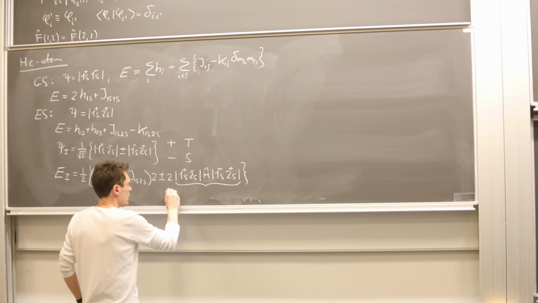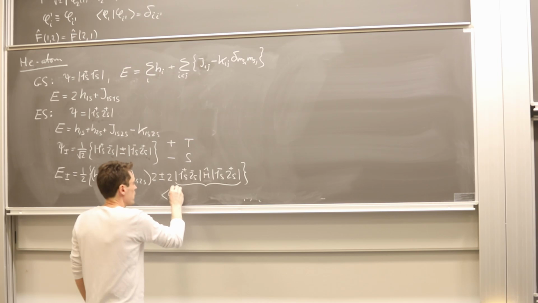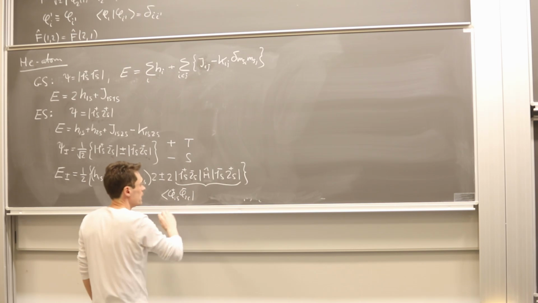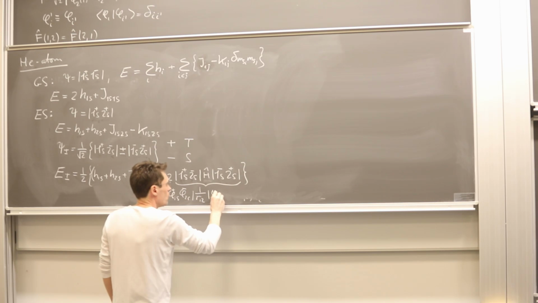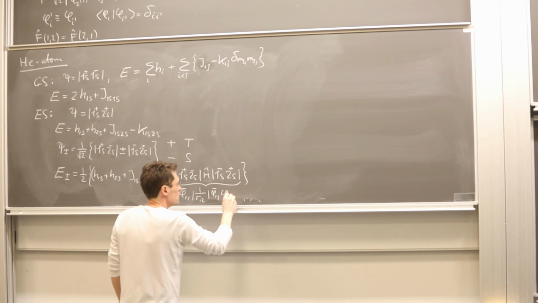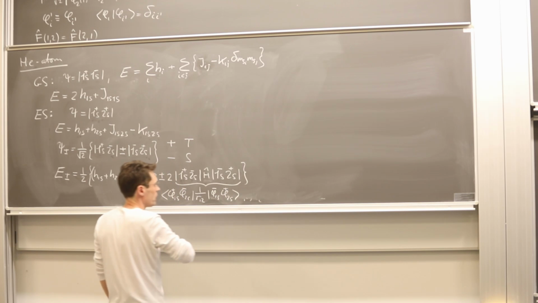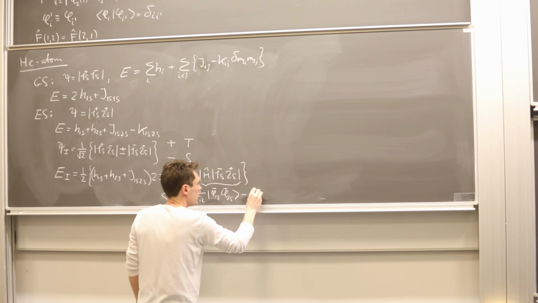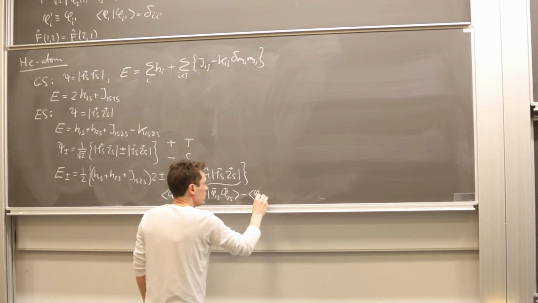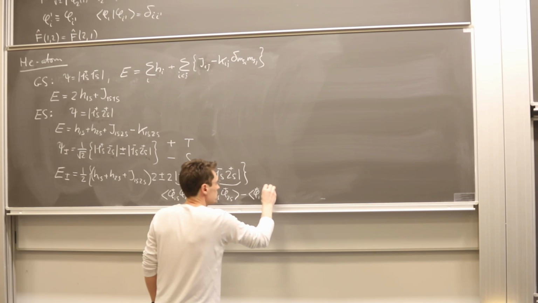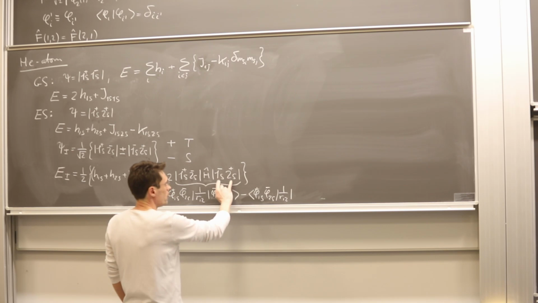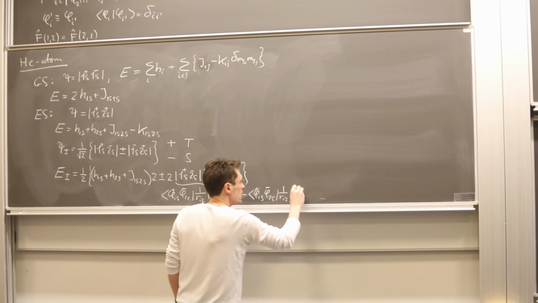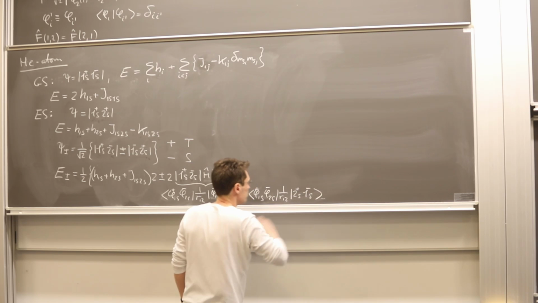So I get, let's write it like this. I get a 1s plus and a 2s minus, and then the operator, which is 1 over R12, against a 1s minus and a 2s plus. That's the direct term, and then I get a minus 1s plus 2s minus 1 over R12, and then in this exchange term I have to flip here, so I get a 2s plus and a 1s minus.